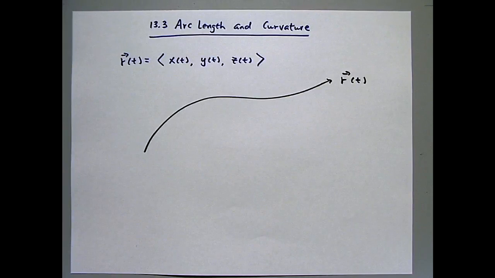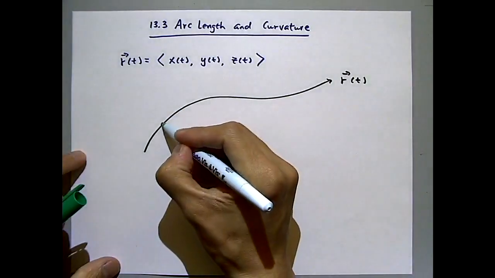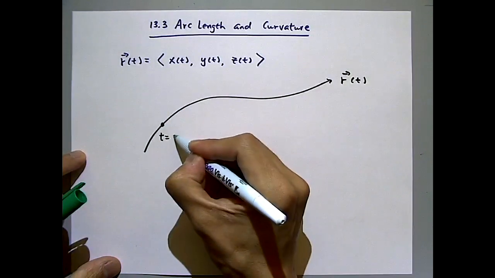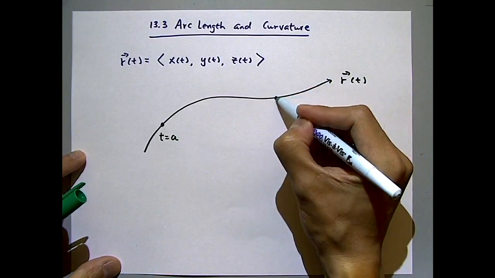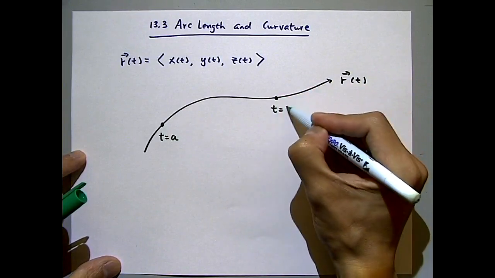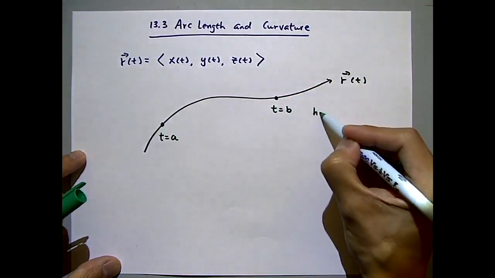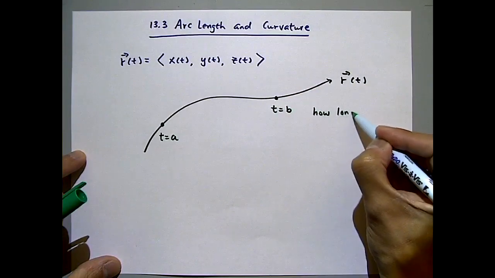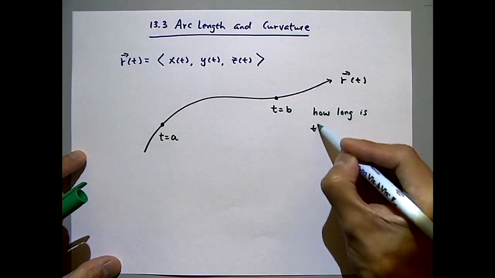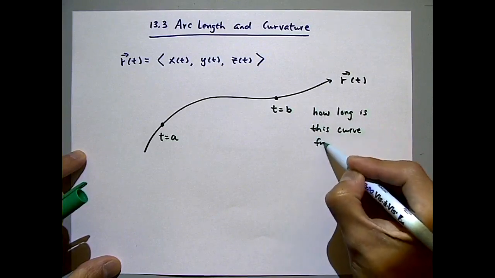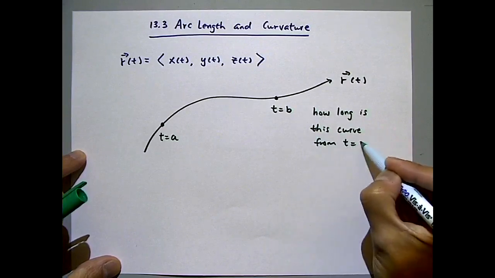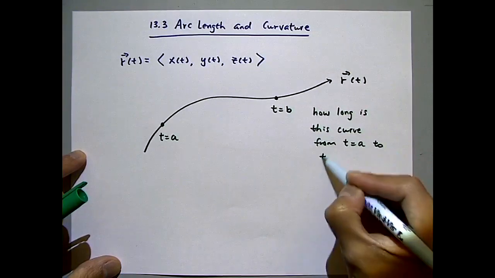Now, if you want to know how long that curve is from, let's say, t is equal to a to t is equal to b, how long is this curve from t is equal to a to t is equal to b?